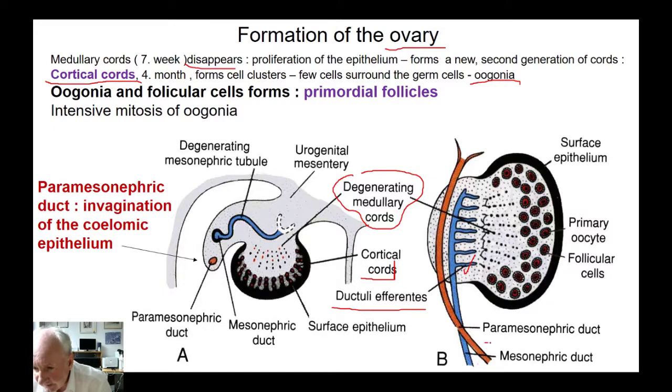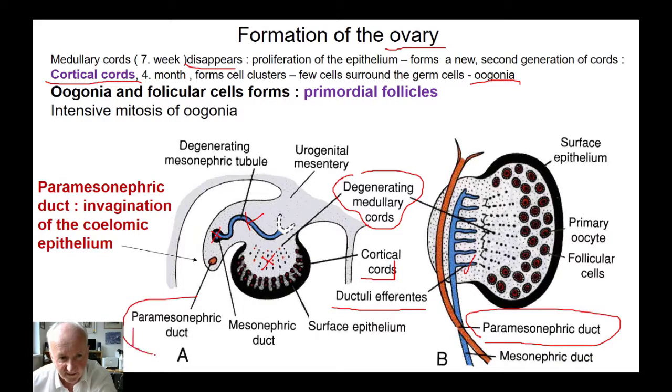But the Müllerian duct is now in this moment very important at a female. So you see that this will vanish, medullary cords will vanish, Wolffian duct for nothing. This is now important at a female, Müllerian duct or ductus paramesonephricus. Paramesonephric duct, Müllerian duct.